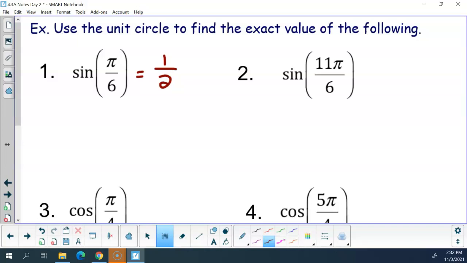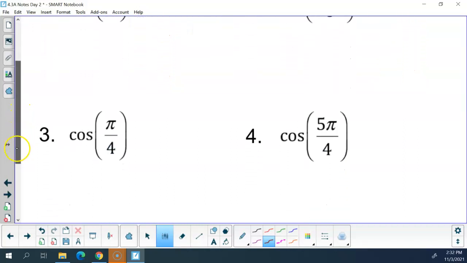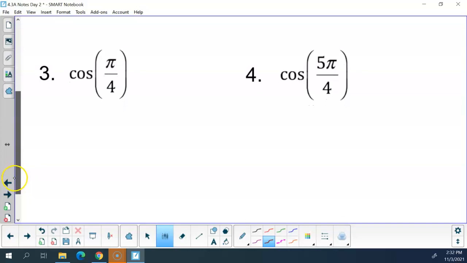Yes? Okay, go to 11 pi over 6. So we're going all the way around the circle to here. Sine is Y, negative 1/2. You find me those two.